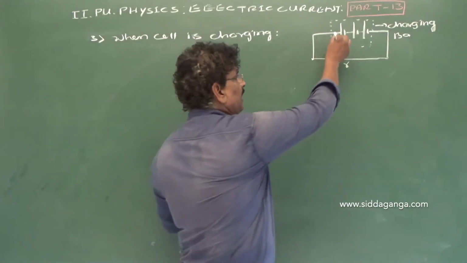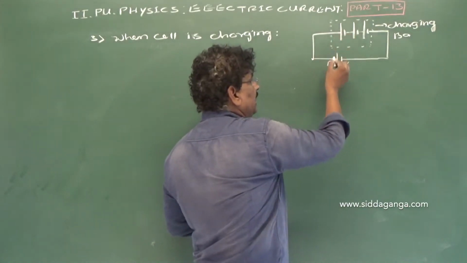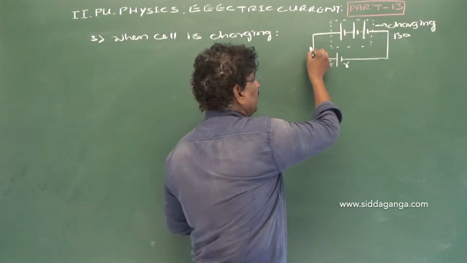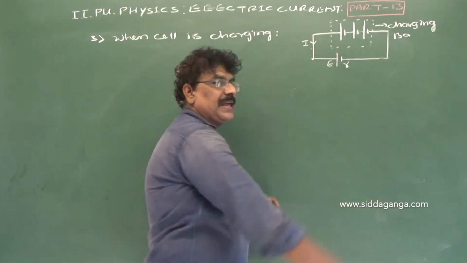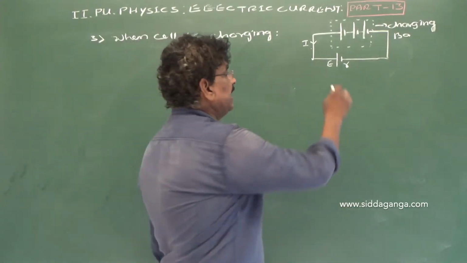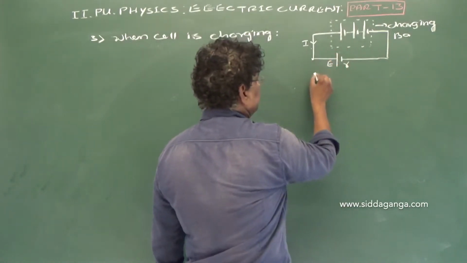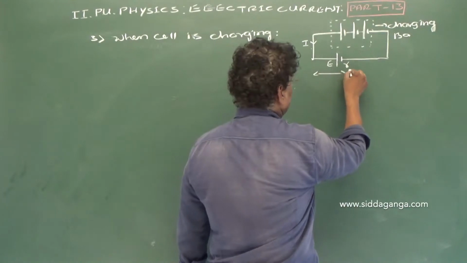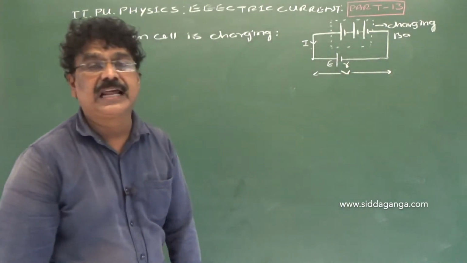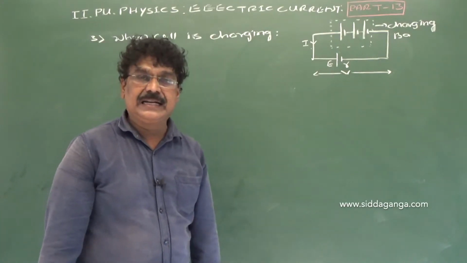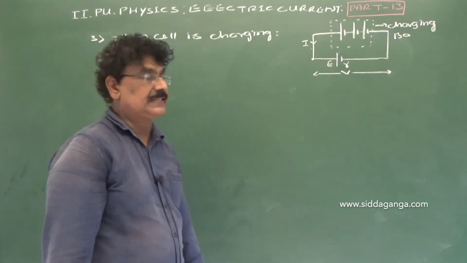Therefore, this point is at higher potential, this point is at lower potential. A current flows through the circuit and the cell is charged. In this case, a potential difference V appears across the terminals of the cell. That is the terminal potential difference.